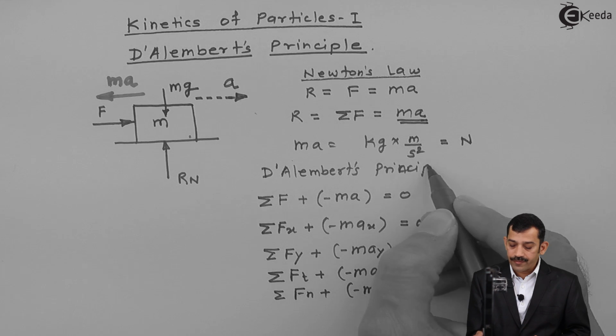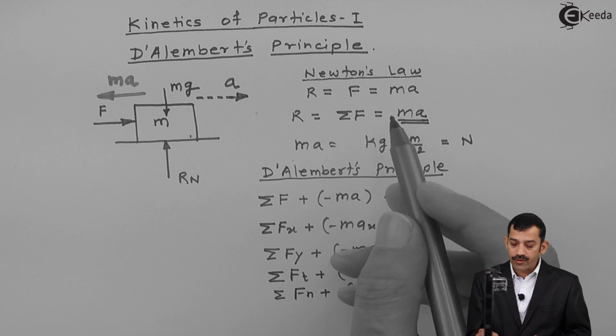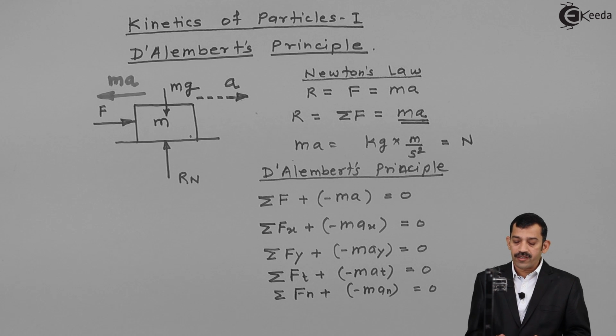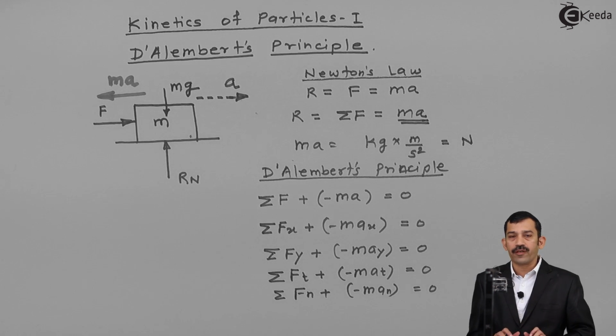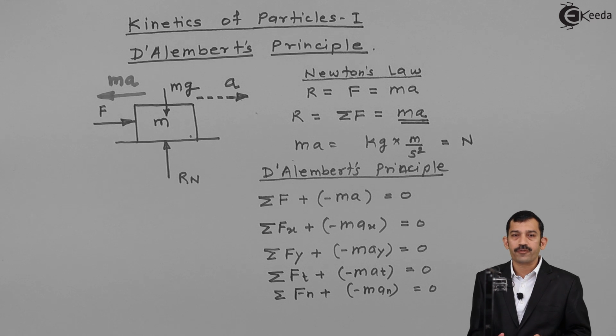What is the difference between Newton's law and D'Alembert's principle? It seems to be the same, but the only difference is, when you write F equal to ma, it is Newton's law. Now if you take the ma term on the left side, then summation of forces plus minus ma is D'Alembert's principle.